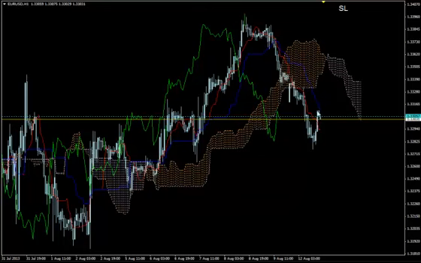The price, as it is falling, is making lower lows and lower highs. When it makes a second lower low, you will trail your stop to a few pips above the lower high, on the H1 time frame.